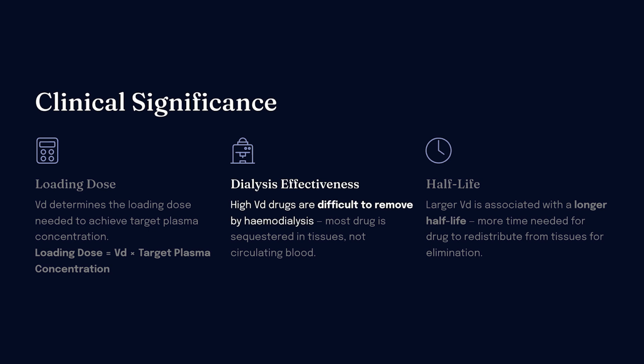Drugs with a high VD are difficult to remove by hemodialysis because most of the drug is sequestered in tissues rather than circulating in the blood. Finally, half-life. A larger VD is generally associated with a longer half-life because the drug must redistribute from tissues back into the bloodstream before it can be eliminated.